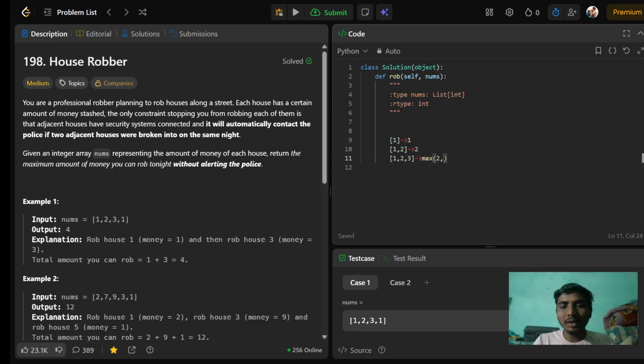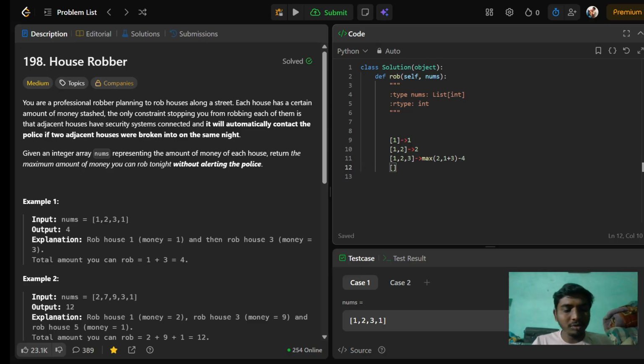At the third house, he can rob the first house money plus third house money. At the first house, the maximum is 1, and at the third house the amount is 3. So totally he can rob a maximum amount of 4 when we consider 3 houses.